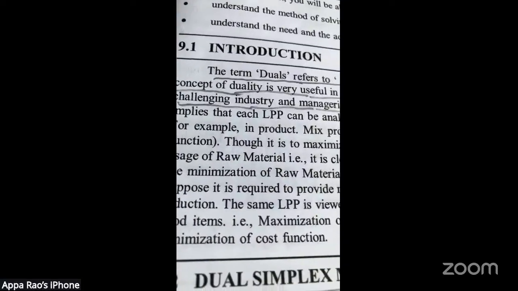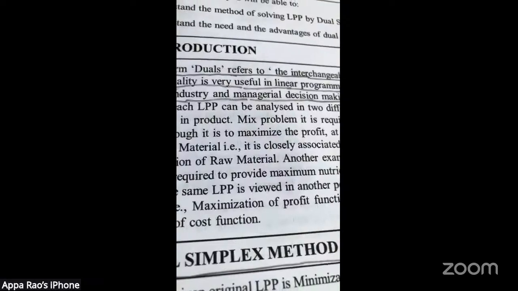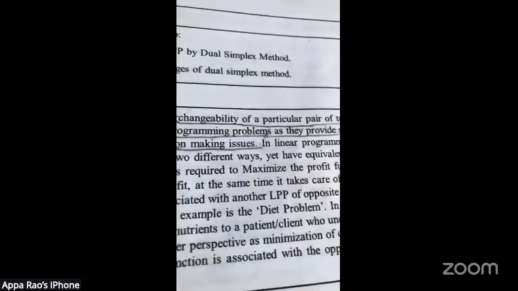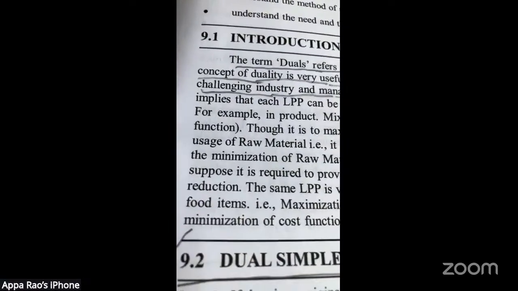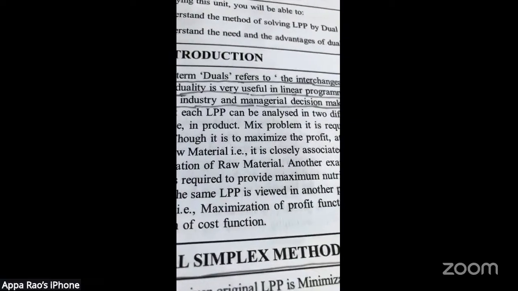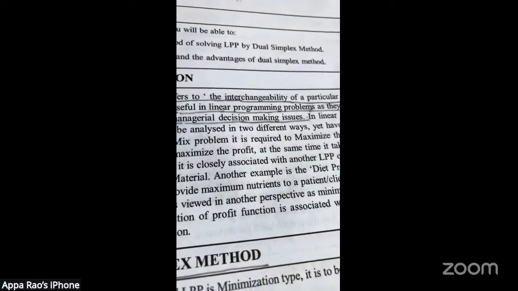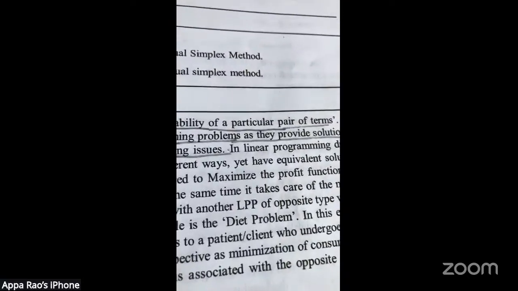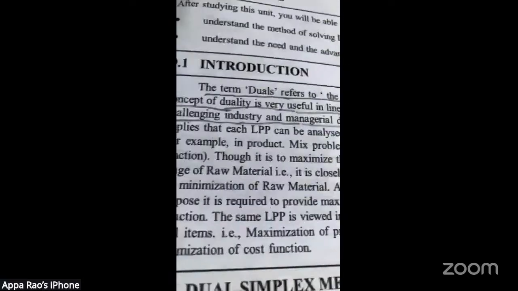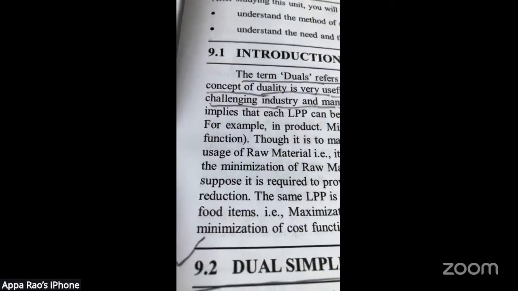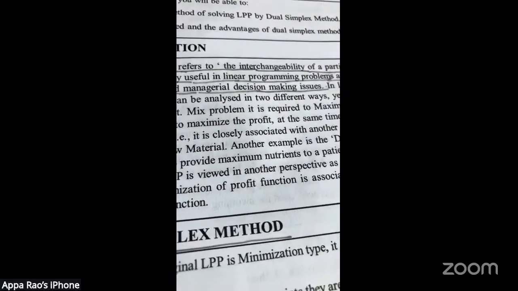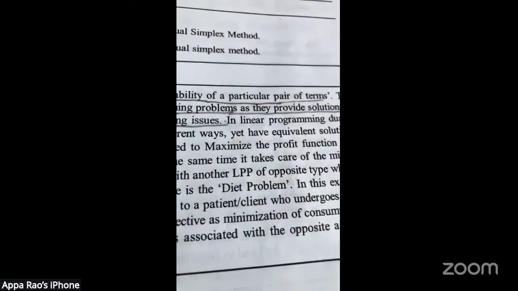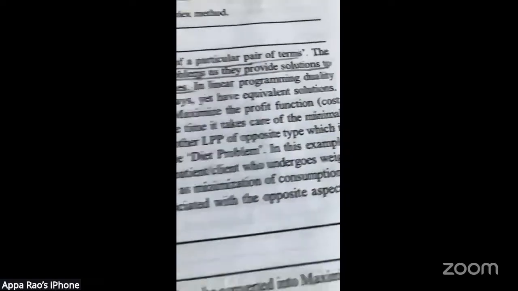The concept of duality is very useful in linear programming problems, as they provide solutions to changing industry and managerial decision-making issues. In linear programming duality, duality implies that each LPP can be analyzed in different ways, yet have equivalent solutions.